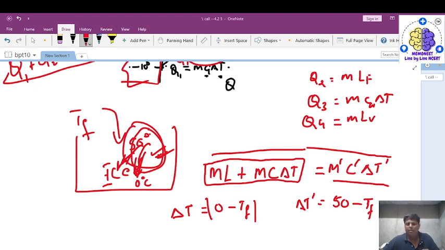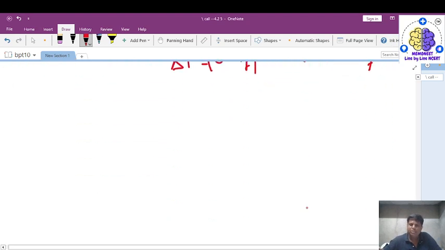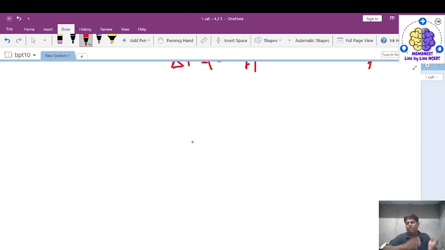So this is how you use the principle of calorimetry for finding the amount of heat transferred from one body to another, right? What you are supposed to do here is simply find which body is losing heat and which body is gaining heat. The amount of heat lost will be equal to the amount of heat gained. Now, in losing or gaining heat, if the state is changing, you take that heat energy as mL, and if its temperature is changing, take the heat energy as mc delta T, right?